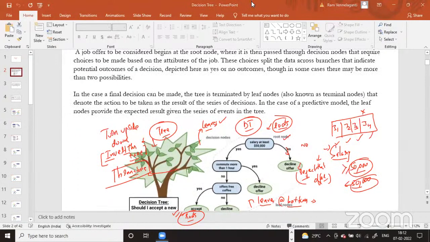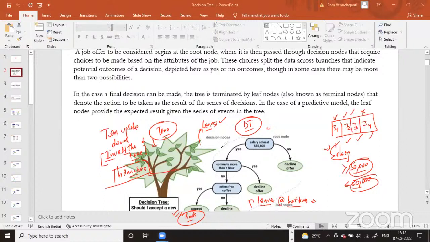Next, I have 3 job offers left, J1, J2, J3.